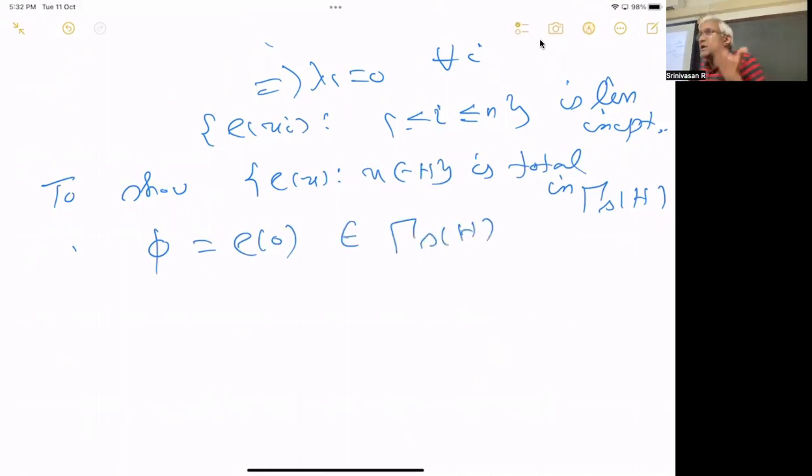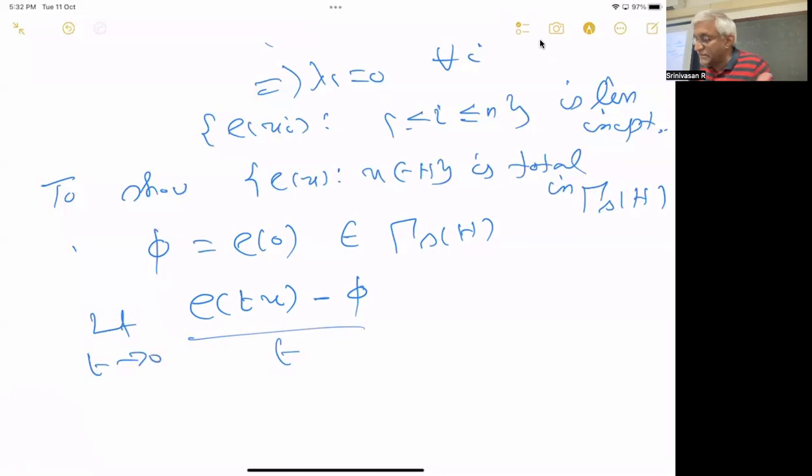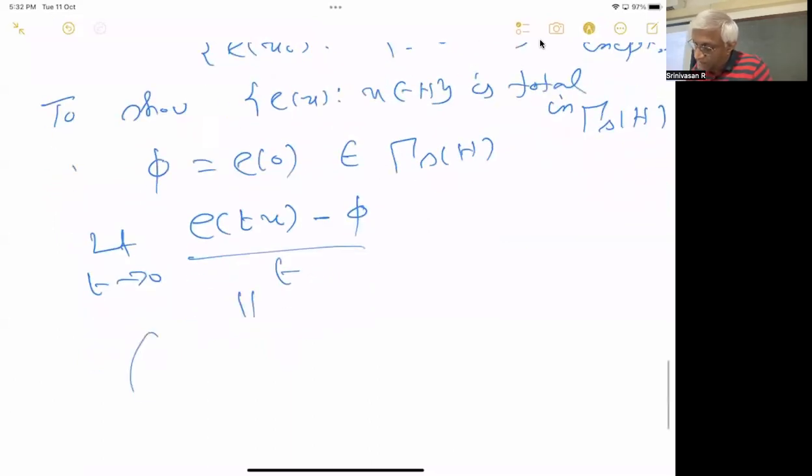Now, how do we get u? If you have E of tu minus phi divided by t, limit t going to 0, I'm just differentiating. E of 0 is phi. This is nothing but d by dt of E of tu, this function at t equal to 0.